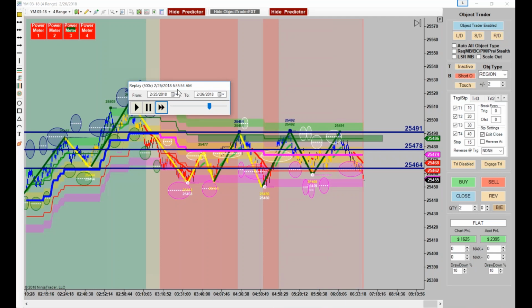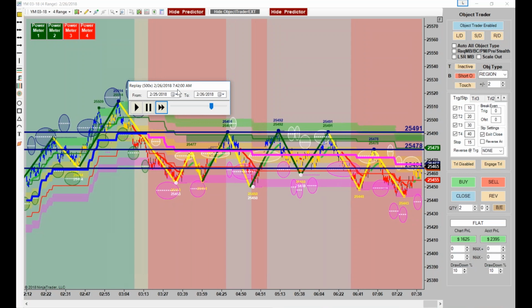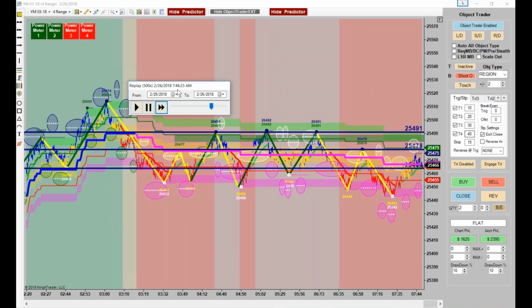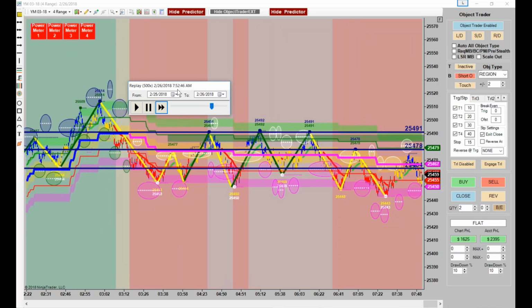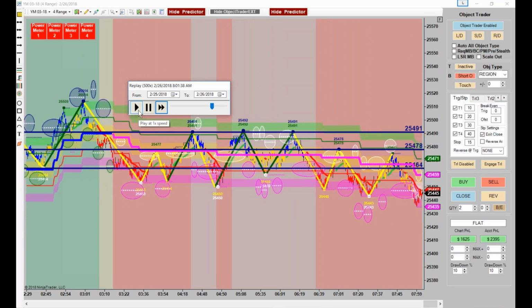Anybody see a long trade yet? Tell me when you see a long trade. Because we called it in the room. There's another short. See it hit my line perfectly? Now, I'm keeping this too fast to trade, obviously. Still heading down, don't you think?